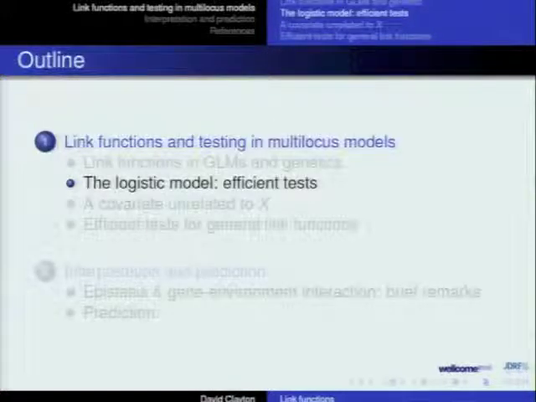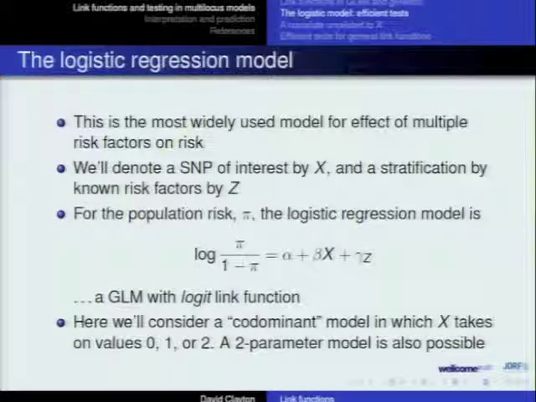Okay, so now I'm just going to do some very, very, very simple statistics, and I hope not too insulting. The logistic regression model, of course, is the main thing we use in epidemiology most of the time. Most of the tests we commonly use are based around the logistic model, and they're sort of optimal in it.